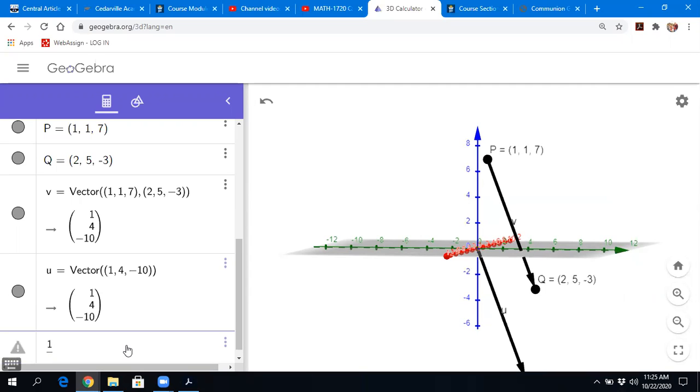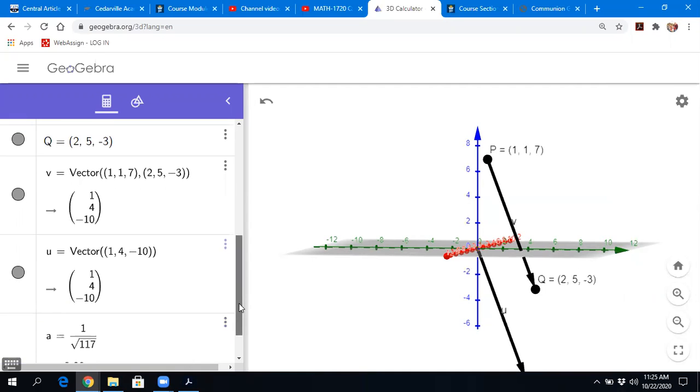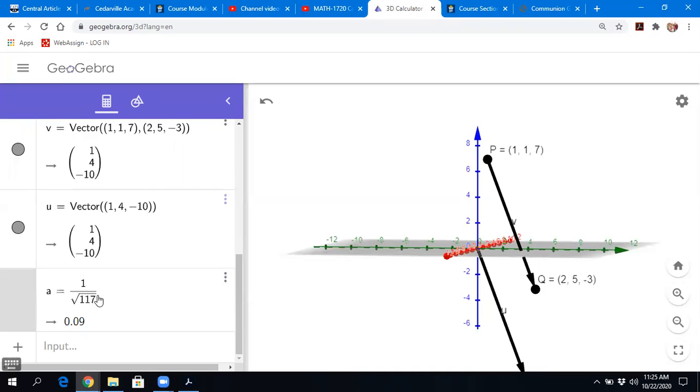Yeah, 1 divided by the square root of 117. Let me move this down a little bit so that you can see it. I was not done. Okay. 1 over the square root of 117.